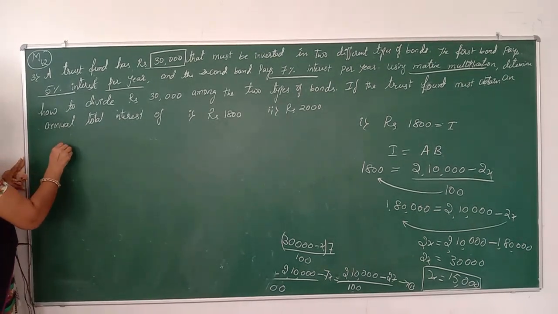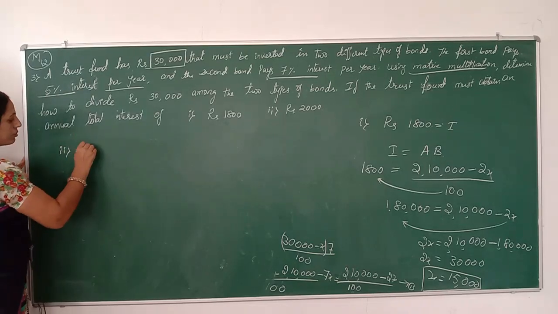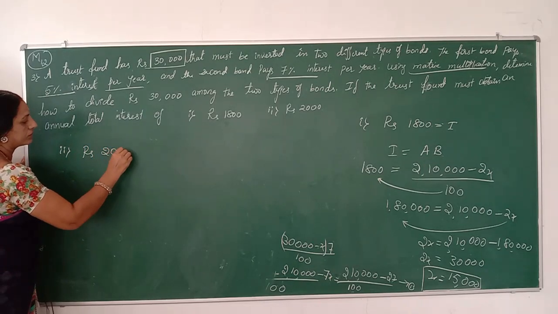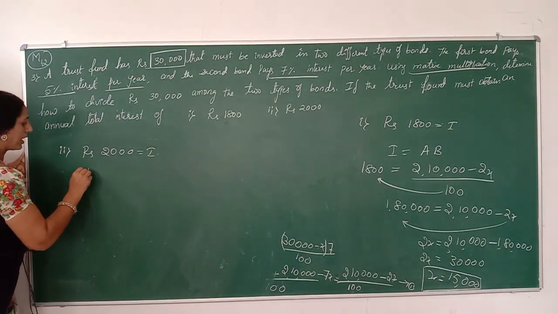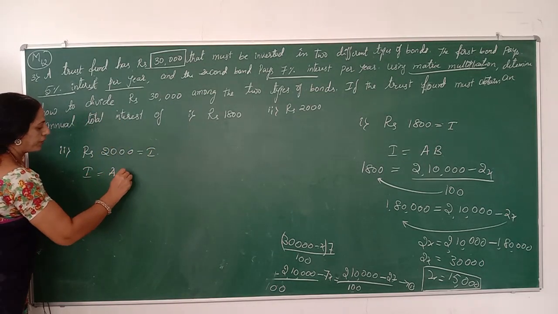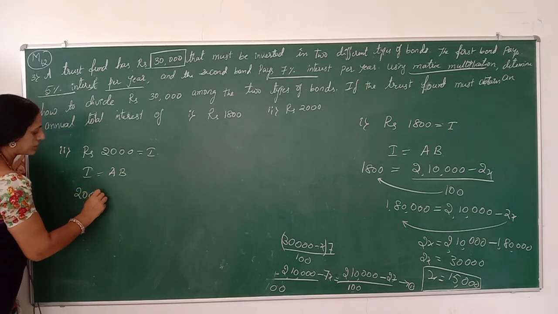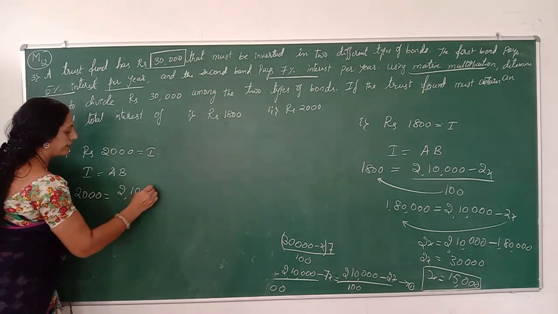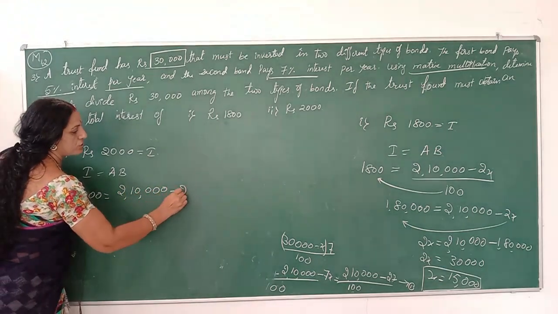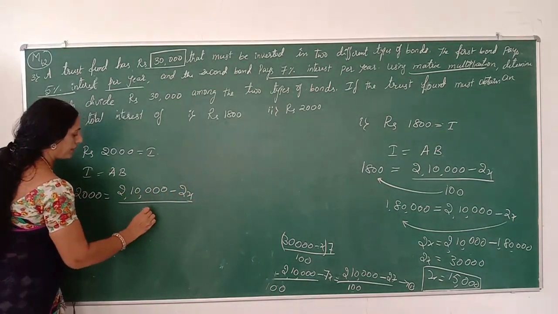Similarly, the second interest amount is rupees 2,000. So again I is equal to A into B. 2,000 is equal to A into B, which is 2,10,000 minus 2x divided by 100.